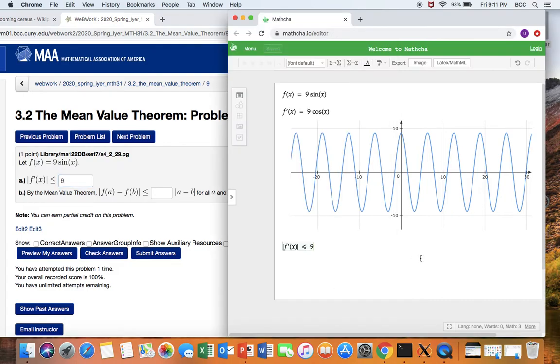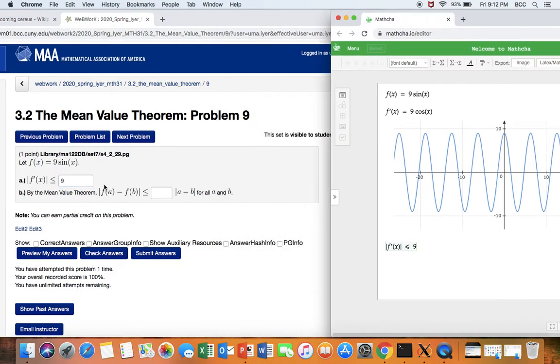Now, they're talking about the mean value theorem. What is this quantity, absolute value of f(a) minus f(b)? Aha, these are some endpoints, for any points a and b.